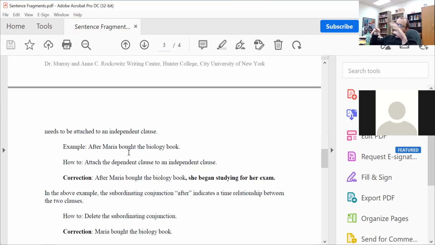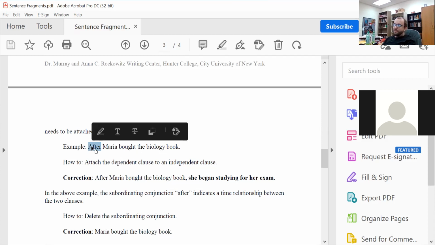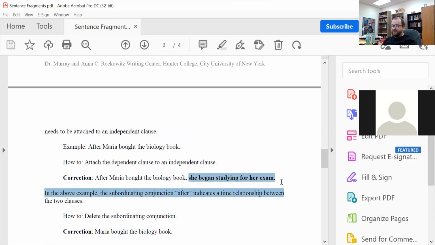Lots of times people will put a preposition in front of a sentence and make it a prepositional phrase, but then put a period at the end. So a good way to fix that is just simply cut the preposition. So Maria bought the biology book, or finishing the sentence even, right?